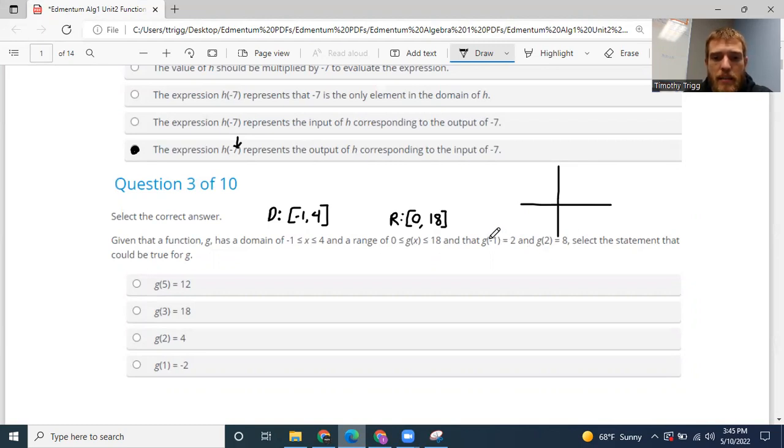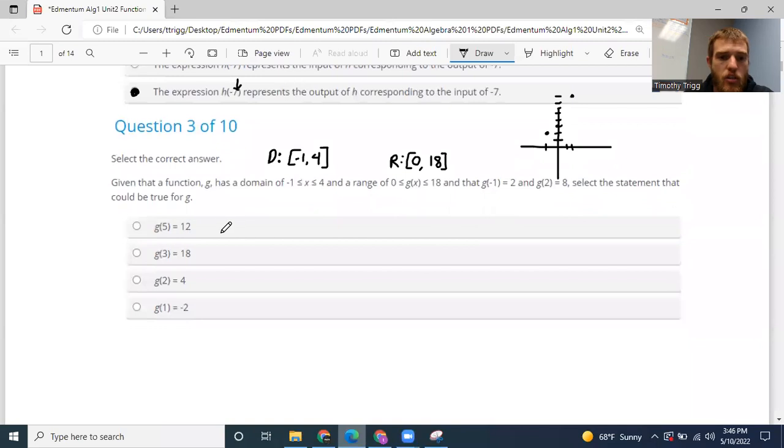It says g of -1, so -1, comma 2. g of -1 equals 2. So when the x value is -1, the output is 2. g of 2 equals 8. 1, 2, 3, 4, 5, 6, 7, 8. So we have this here.